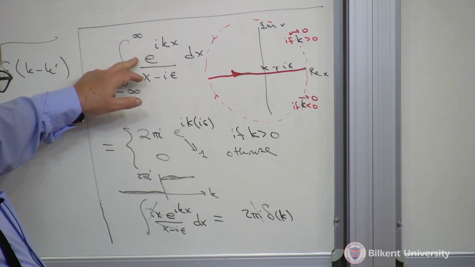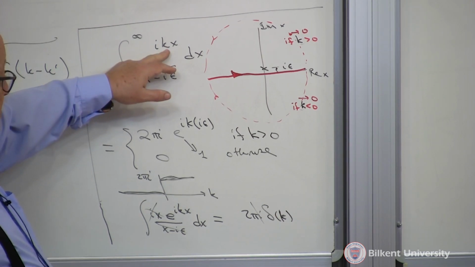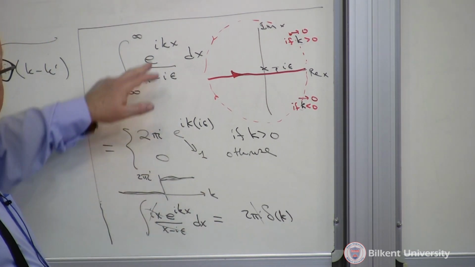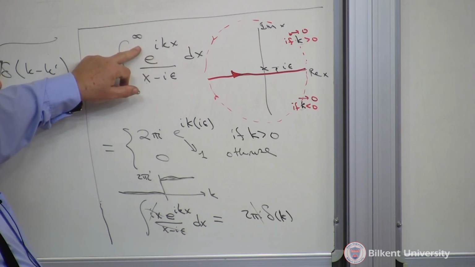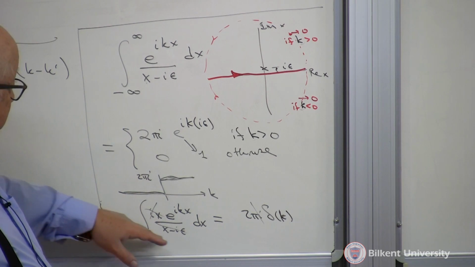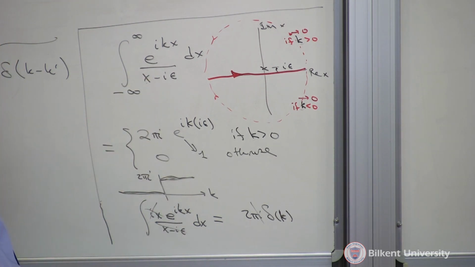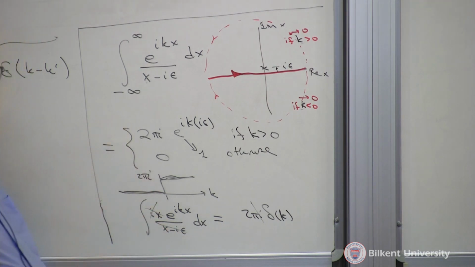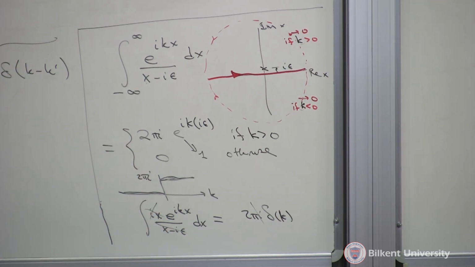If I differentiate this with respect to k, just like I did for this, it brings down an ix. So it's going to be ix times e to the i k x divided by x minus i epsilon. And then as epsilon goes to 0, you get just this integral.